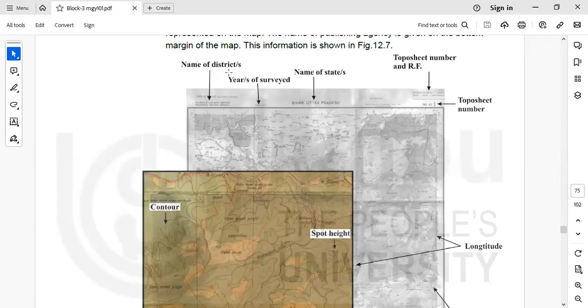For example, the name of the district to which this map belongs, the area surveyed, the name of the state or states covered by the map. Then we have the nature of scale, then the topographical map number related to the latitude and longitude.